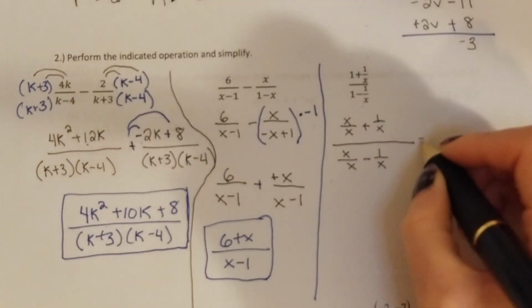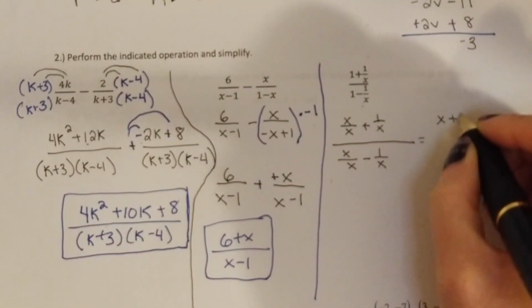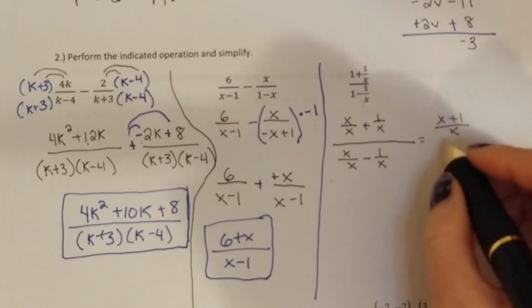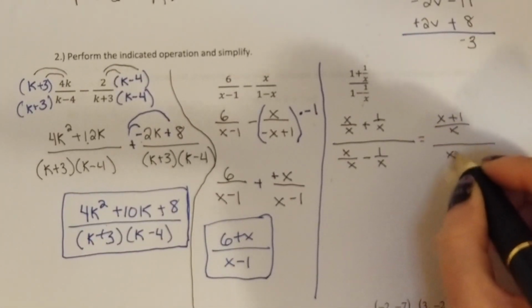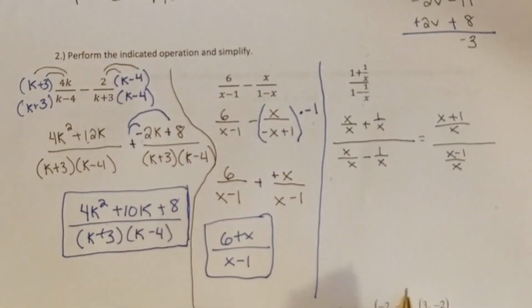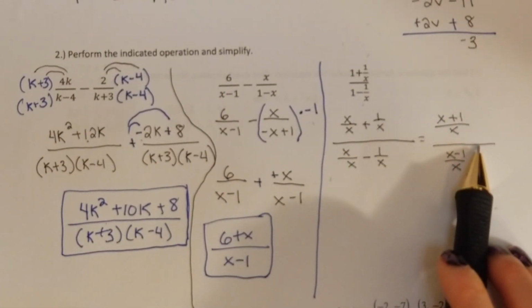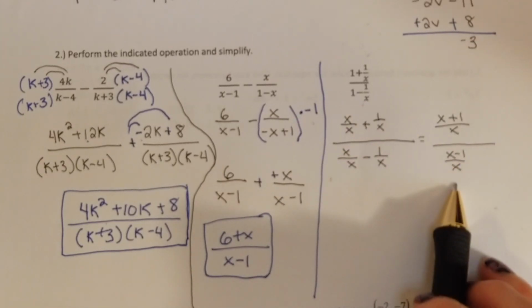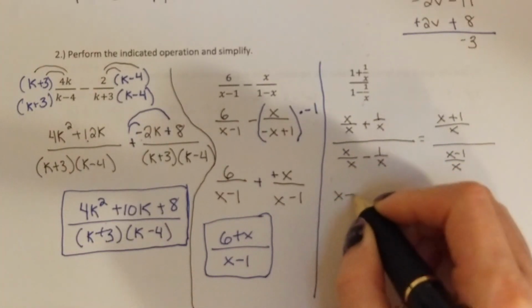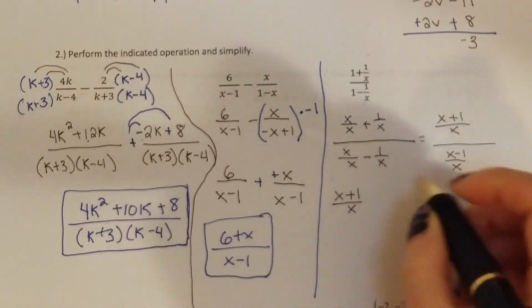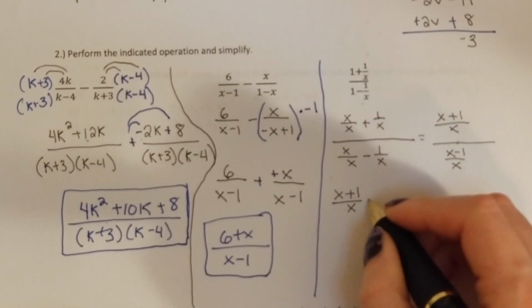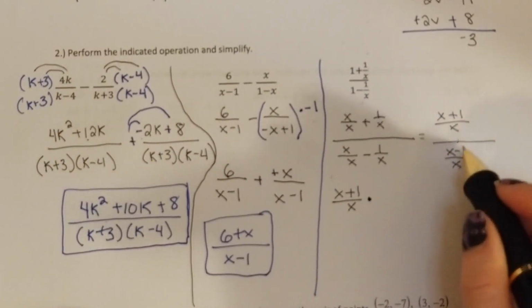Okay, then I would rewrite this with just having one denominator instead of 2. So x minus 1 over x. Now with your division right here, remember we're going to change that to multiplication and then flip the second fraction. So we leave the first fraction alone, change division to multiplication, flip your fraction here.